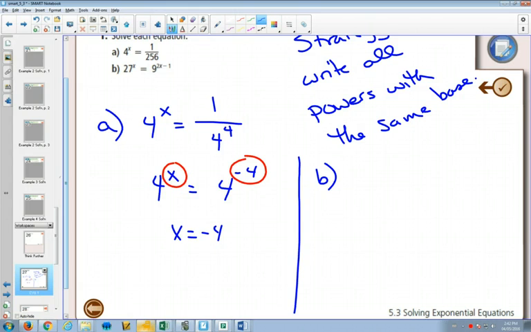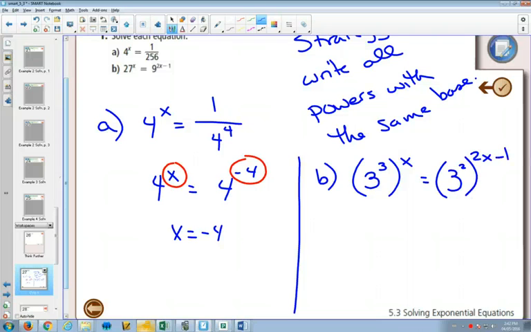So we take 27, and instead of 27, we can write 3 cubed. We're still going to have, because it was 27 to the x, now 3 cubed to the x. And on this side, instead of 9, I can write 3 squared. Since it was 9 to the 2x minus 1, I still have 2x minus 1 outside.